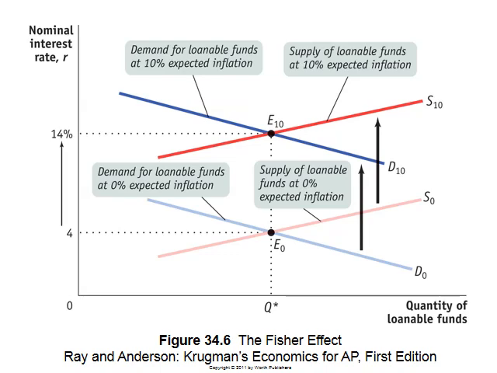D10 and S10 are the demand and supply curves for loanable funds when the expected future inflation rate is 10%. The 10 percentage point increase in the expected future inflation raises the equilibrium nominal interest rate to 14%. The expected real interest rate remains at 4%, and the equilibrium quantity of loanable funds also remains unchanged.